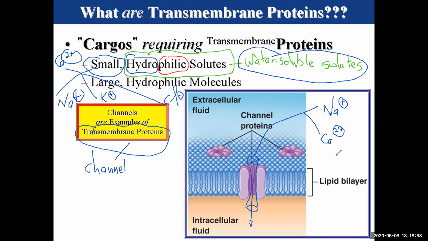But in the case of potassium, it's the opposite. Instead of getting in, potassium is getting out. So potassium is leaving. And chloride also is coming in.